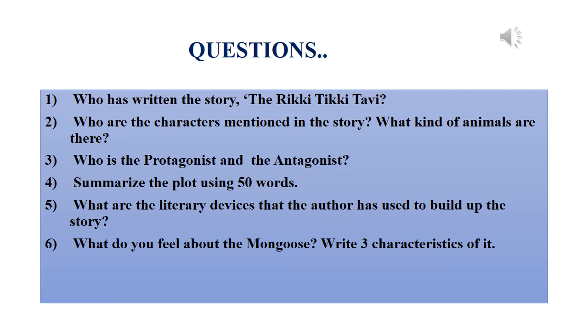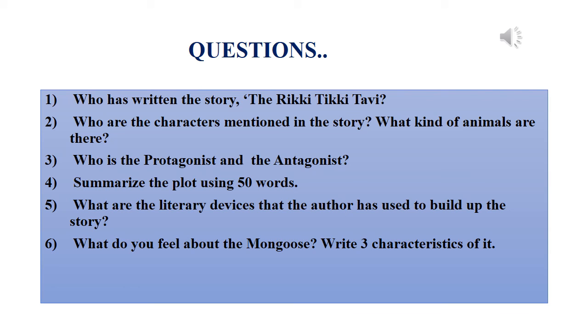Now let's move on to the questions regarding the lesson. Question number 1. Who has written the story, Rikki Tikki Tavi? Number 2. Who are the characters mentioned in the story? What kind of animals are there? So you have to name the characters, and also describe what kind of animals are there.